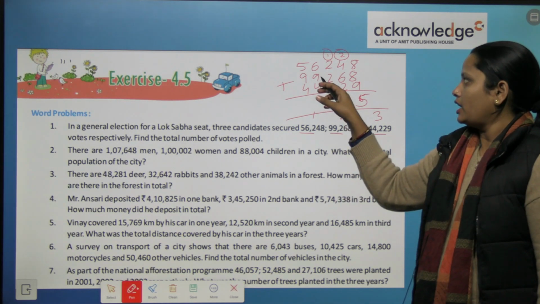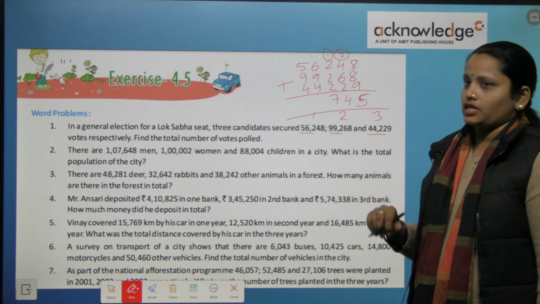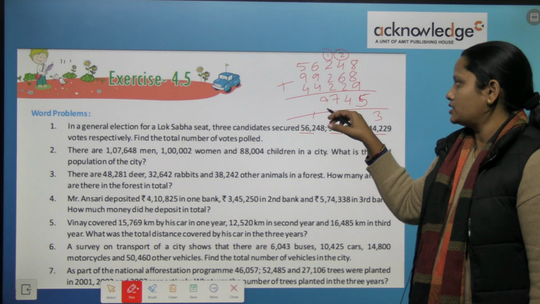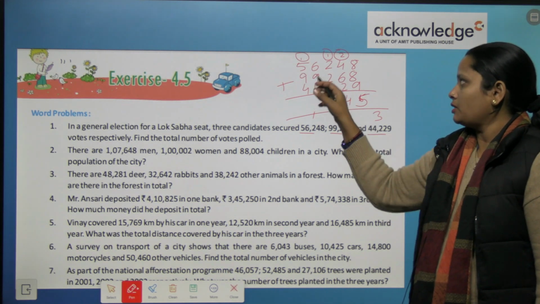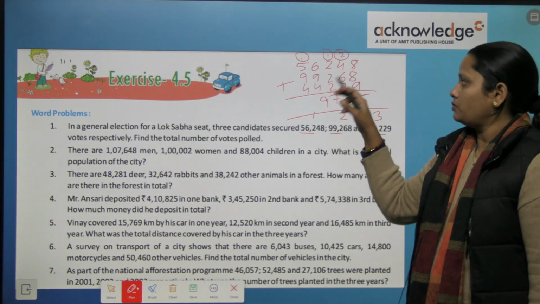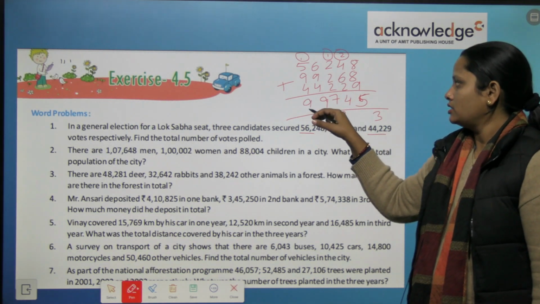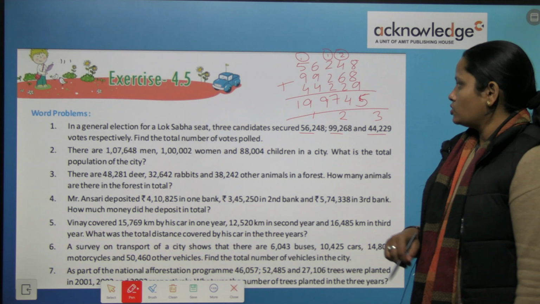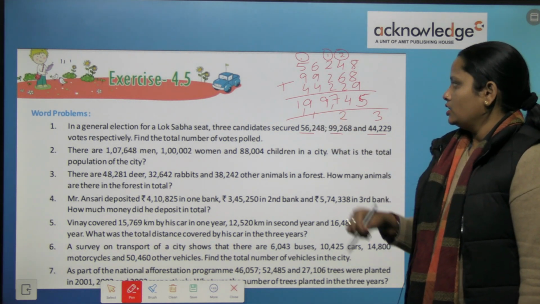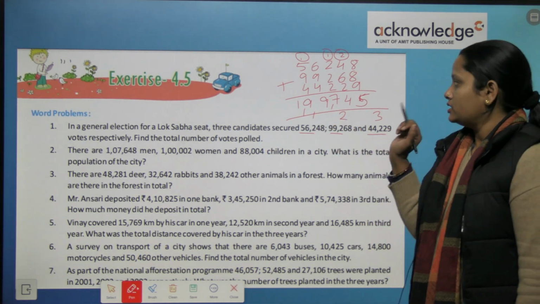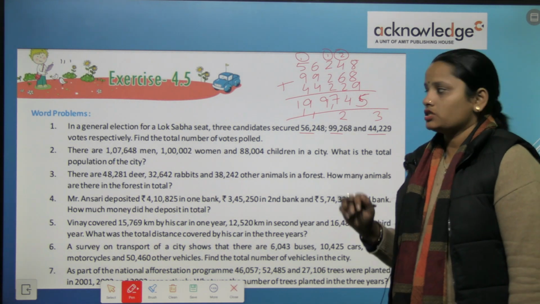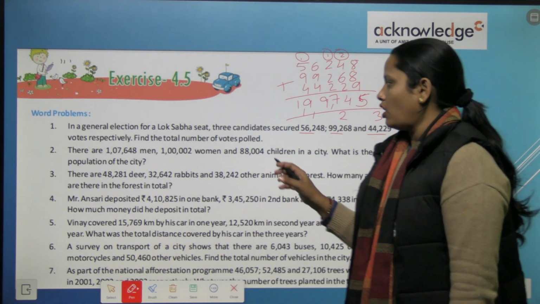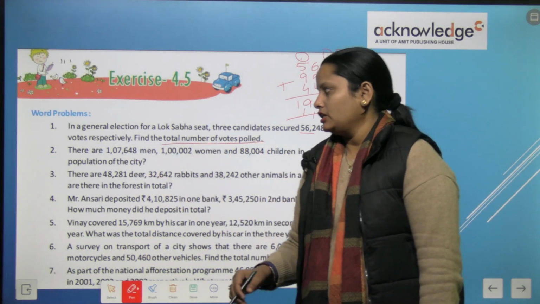Next, 9, 6 plus 4 is 10 and 10 plus 9 is 19. 1 is carry forward. Next, 9 plus 1 is 10 and 10 plus 9 is 19. So here children, total 1,99,747 votes were polled on that time.